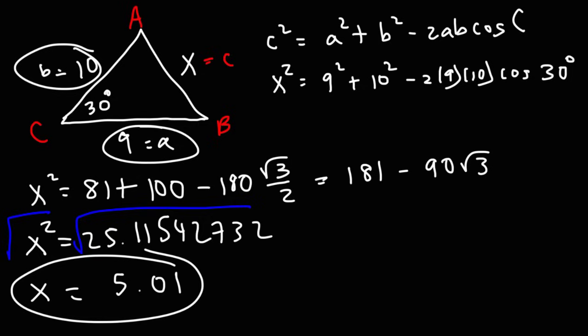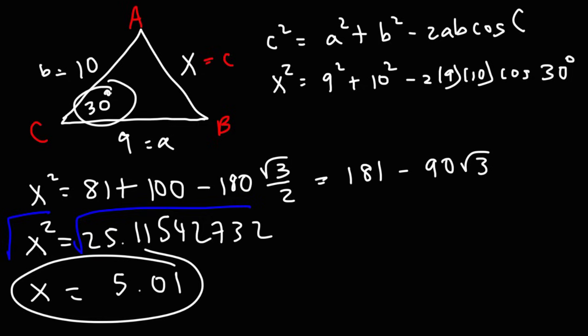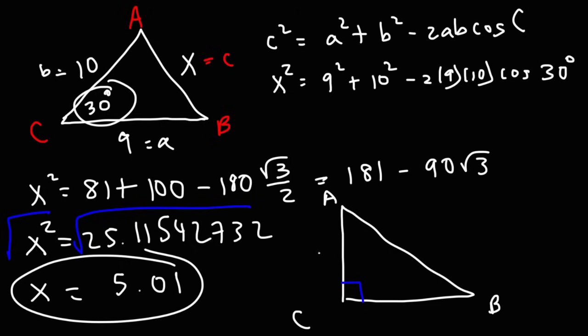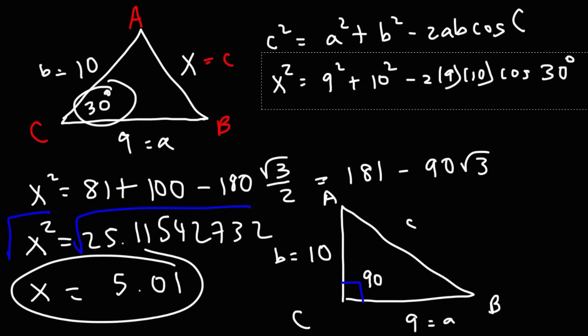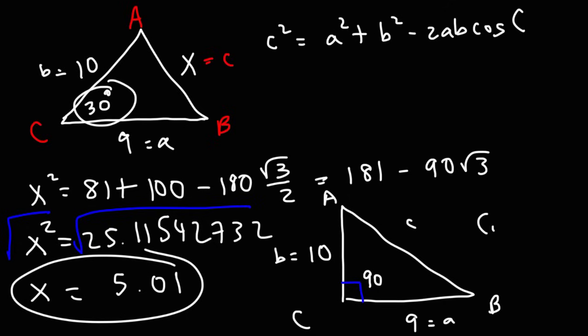By the way, note what happens if this was 90 degrees. If that was 90 degrees, we would have a shape that looks like this. We would have a right triangle. And let's say this is angle C, angle A, angle B. So then this would be 10, this is still 9, this is still B, this is still A, and then this is C. So angle C is 90. Now looking at this formula, cosine 90 is equal to 0 if you type that in your calculator.